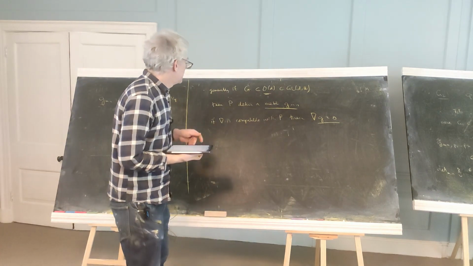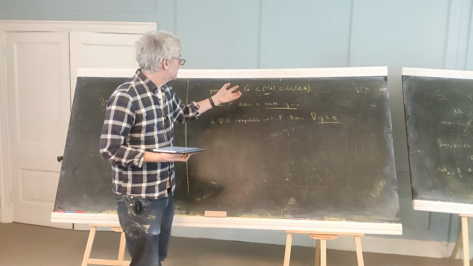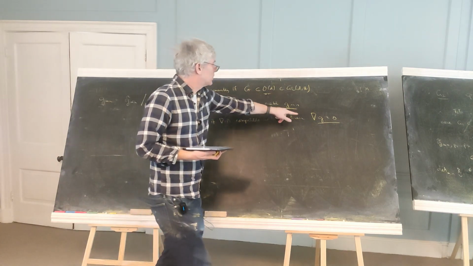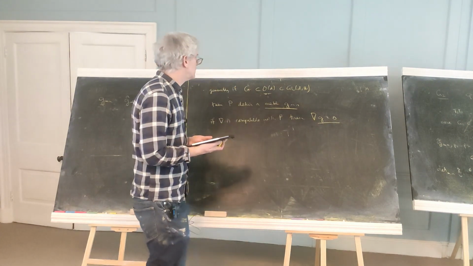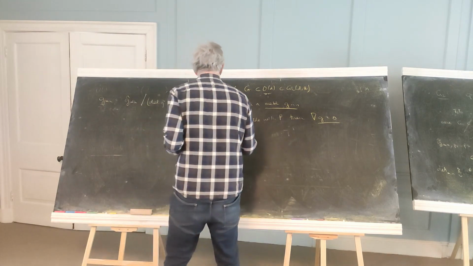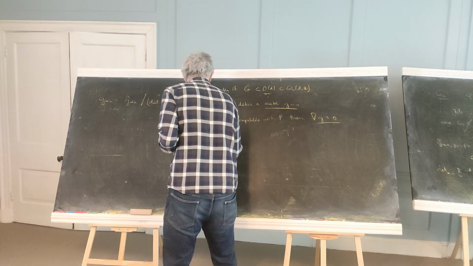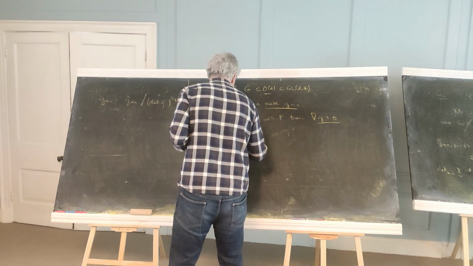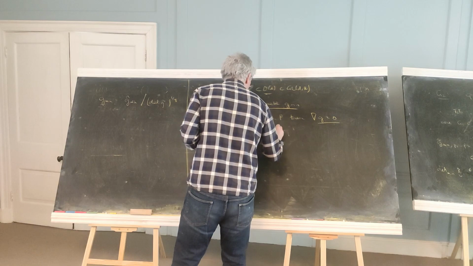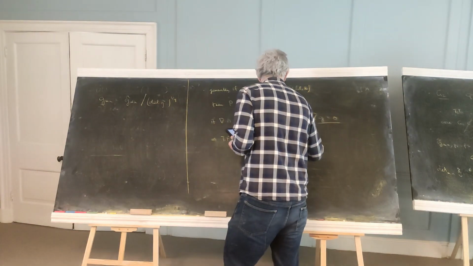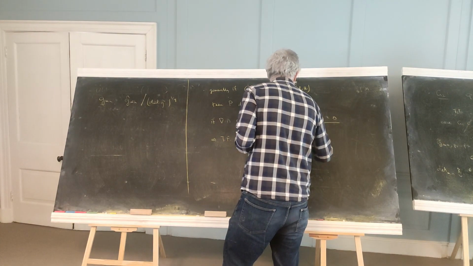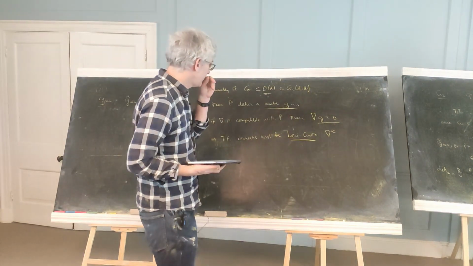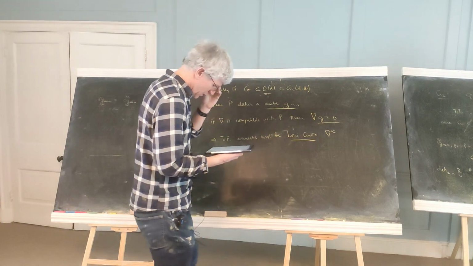Because if it's compatible with P, it's acting in the algebra which is inside OD, and that means it must also preserve G. So this tells you that the torsion-free connection must be Levi-Civita. Right? Because there's only one torsion-free connection which is compatible with G.